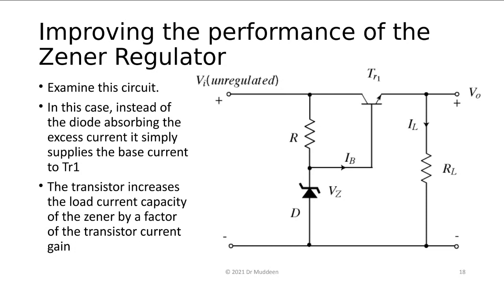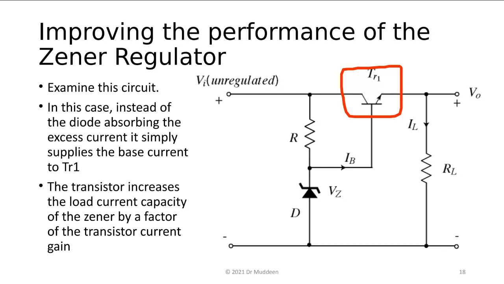And that's where we put in what we have here, right? What is known as a pass transistor, added to the Zener regulator. And what happens now is that the only load the Zener is seeing is the base current for the transistor. The transistor is what is actually supplying the load current. So the unregulated supply, again, is supplying the load current as it was designed to do.